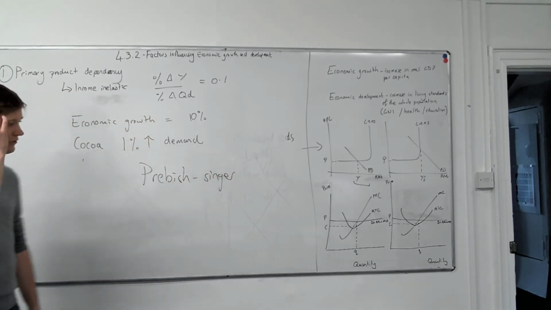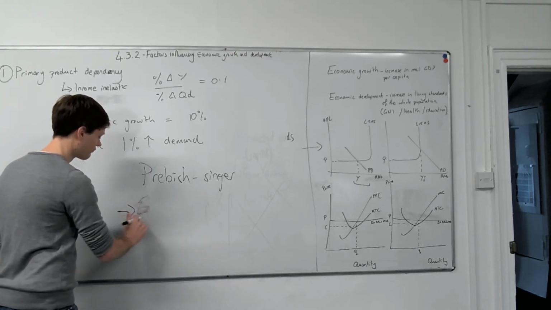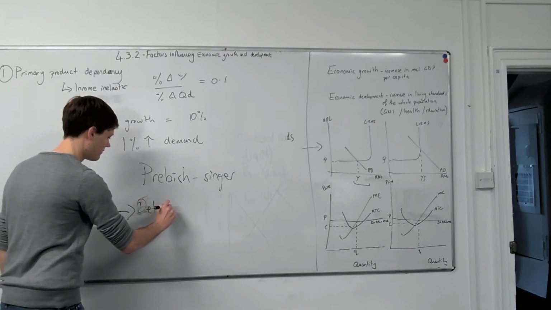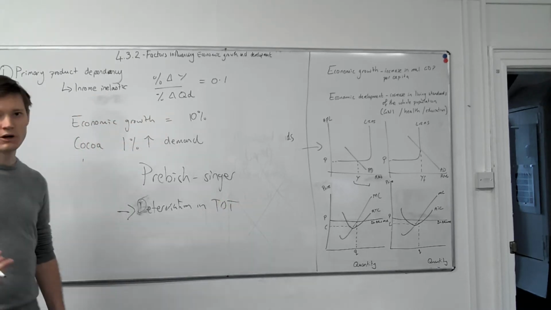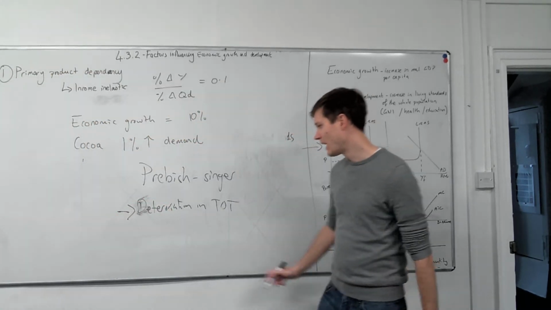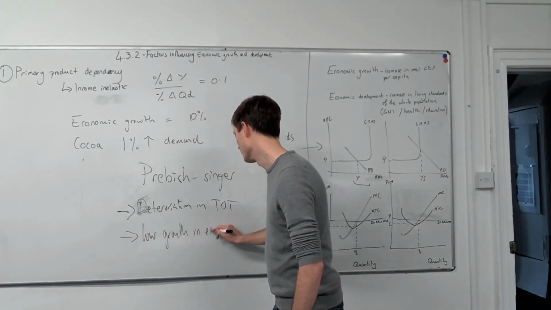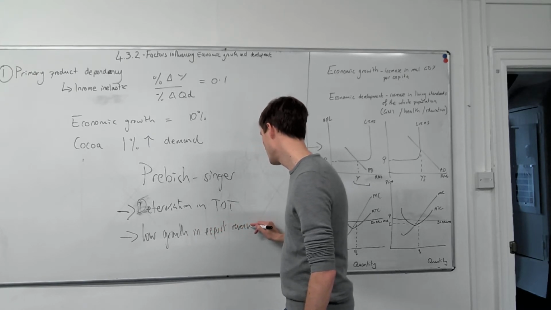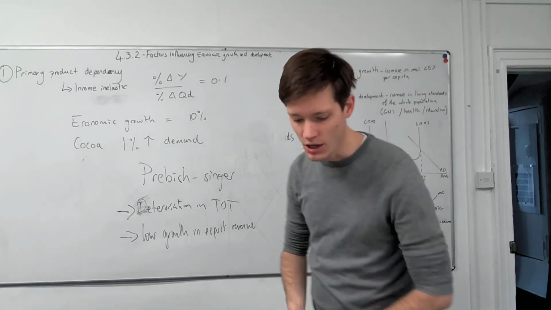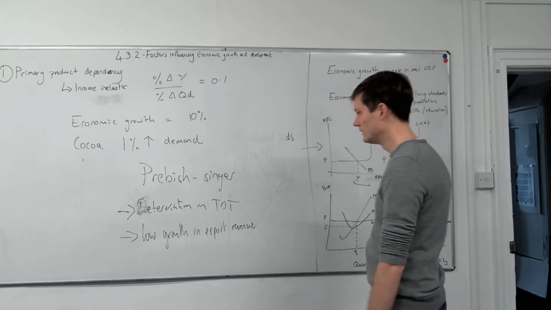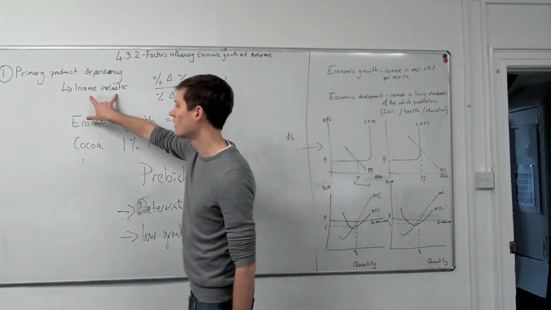Prebisch-Singer hypothesis, and that will result then in low or deteriorating terms of trade, so your average export prices over your average import prices, and it will result in low growth in export revenue. All of those are a barrier to development, and therefore if you're primary product dependent, that could serve as a significant barrier. But you might well challenge this, and you might well think, well, why is it income inelastic?